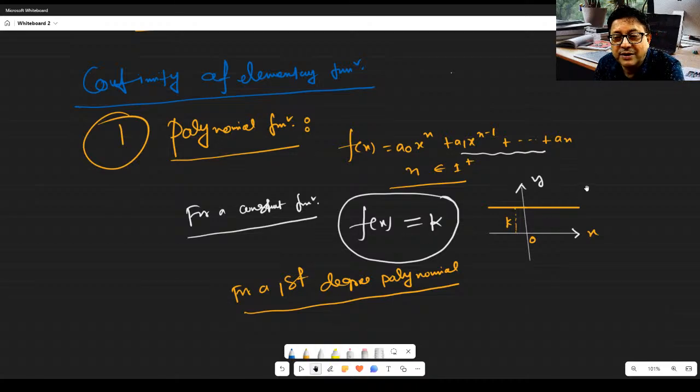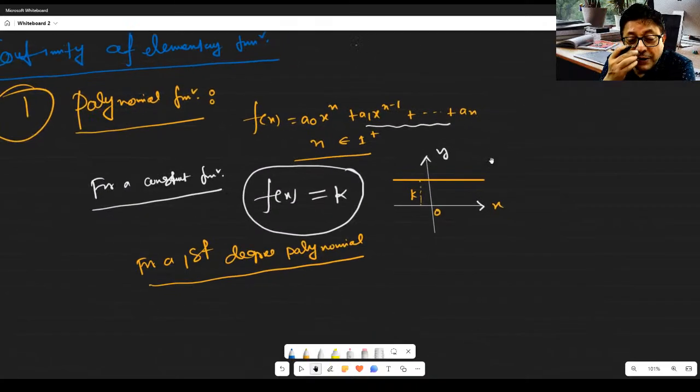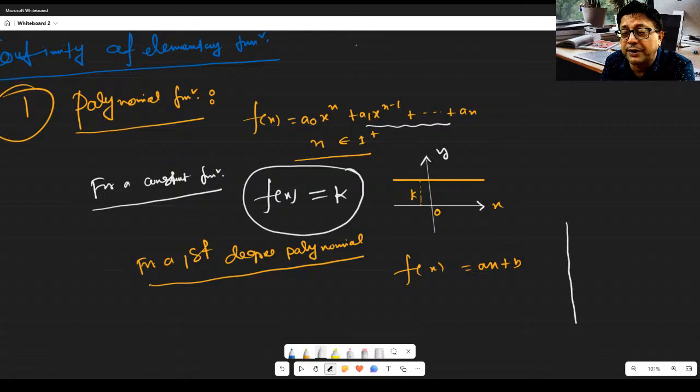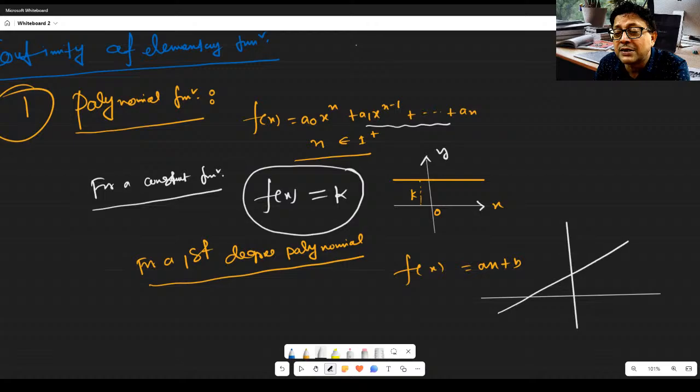That's why I am not doing it. So for first degree polynomial, that is of the form fx equal to ax plus b, this graph also can be drawn anywhere in this world. Anywhere you can draw this graph. So this is continuous everywhere.